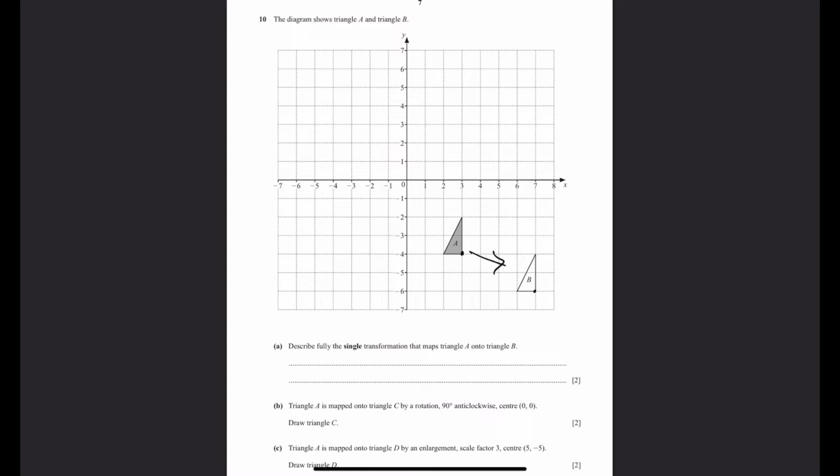If I compare these 2 points, 1, 2, 3, 4, then minus 2. So this is the column vector, 4 and minus 2, to describe the translation fully. This is a translation, and it's translated by 4, minus 2.